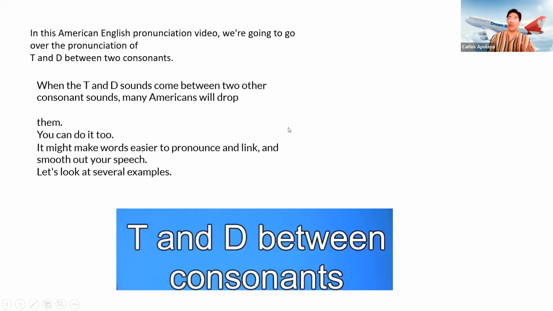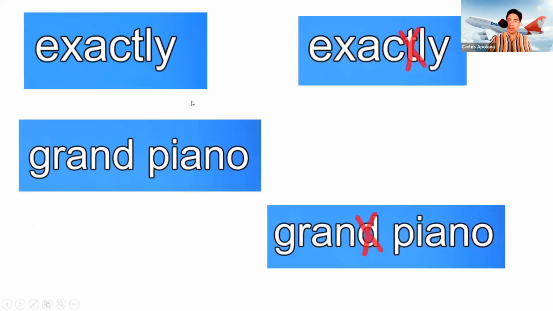And this is another rule that I discovered. This is new. I told you D and T between two vowels sound like R. But what happens when you have a T or D between consonant sounds? Look at this. You have a T between consonants, so you don't say it.